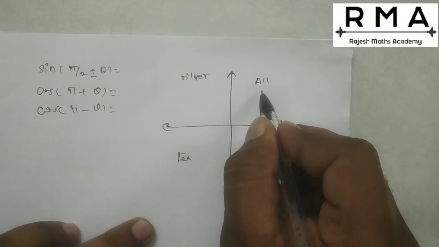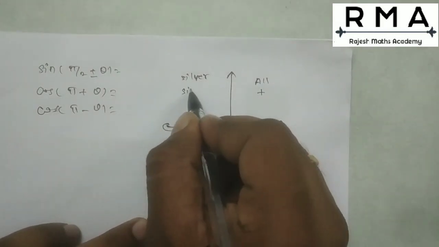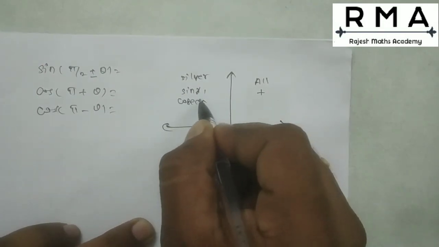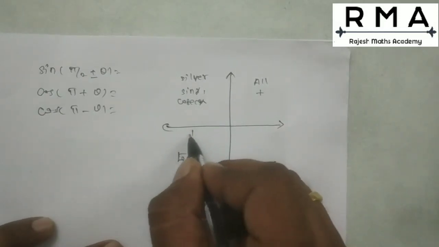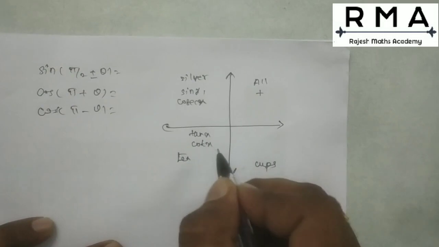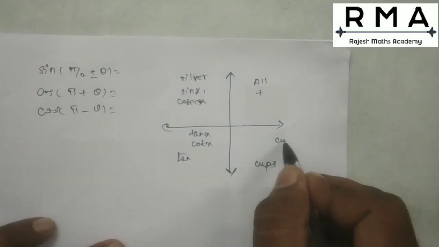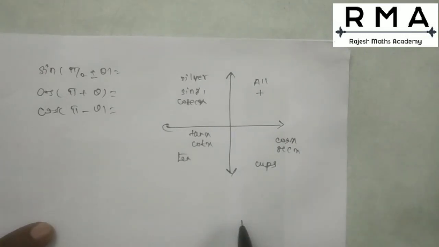Here we write all, so all the trigonometric ratios are positive here. Silver means only sin x and cosecant x are positive. Tea means tan x and cot x are positive. Cups means cos x and secant x are positive in this quadrant.